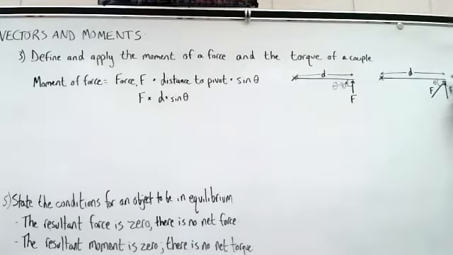F sine theta is the perpendicular component of the force, the one that's acting in the perpendicular direction to this one here. If this angle is the angle theta between them, then you can see that it's really this vector here that's the perpendicular component, and that would be opposite this angle theta.